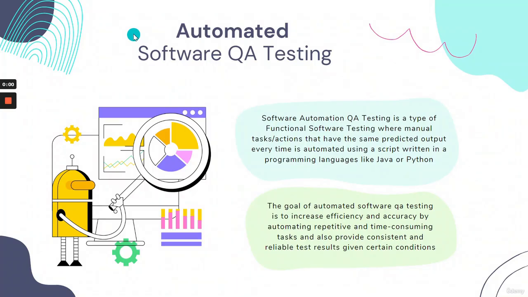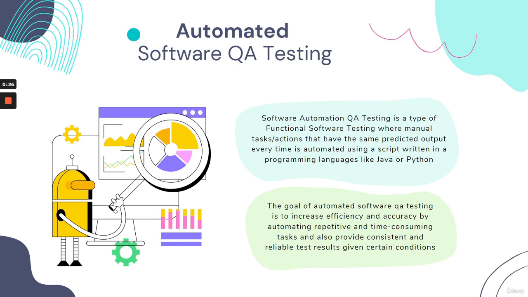Automated software QA testing. Software automation QA testing is a type of functional software testing where manual tasks or actions that have the same predicted output every time are automated using a script written in a programming language such as Java or Python.